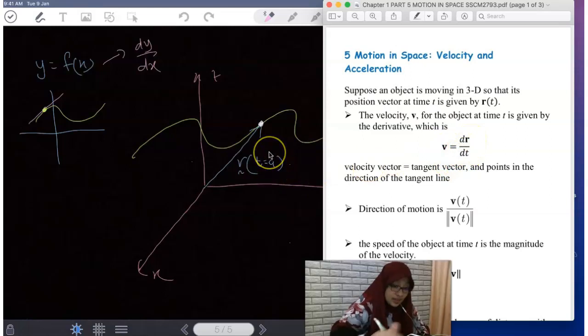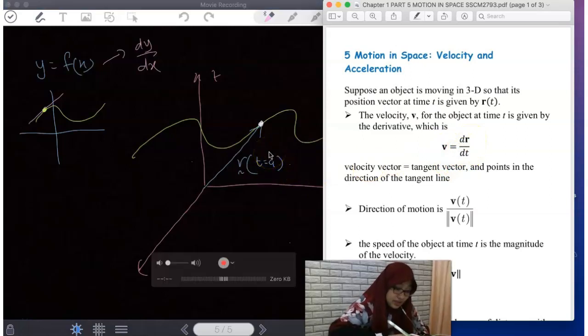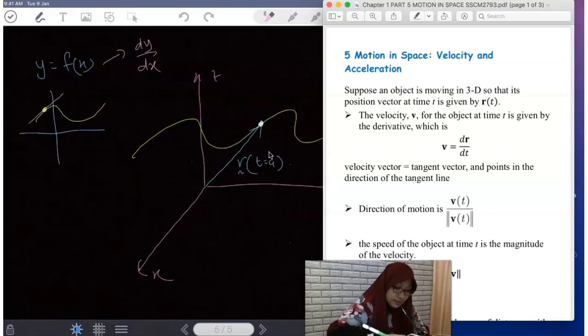So the tangent vector here is just like you have a tangent line, and then that is your vector, a velocity vector for specific t. So your t is a, at a.